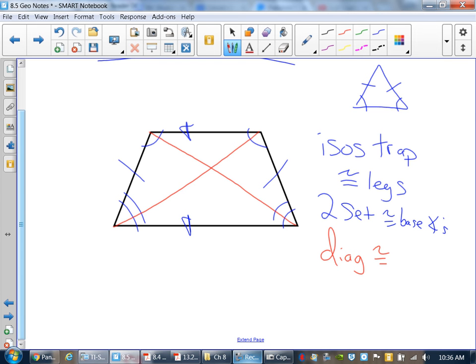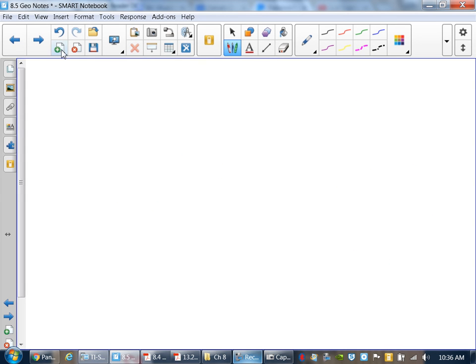Oh, I know. There's one other thing about trapezoids that you've actually done before. One of the things that you did a long time ago with parallel lines, do you guys remember? Remember when we did, actually it was in a triangle, I believe.